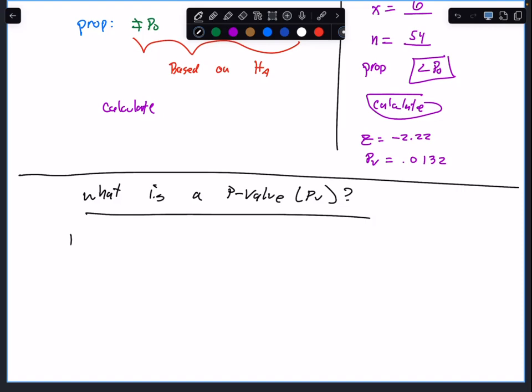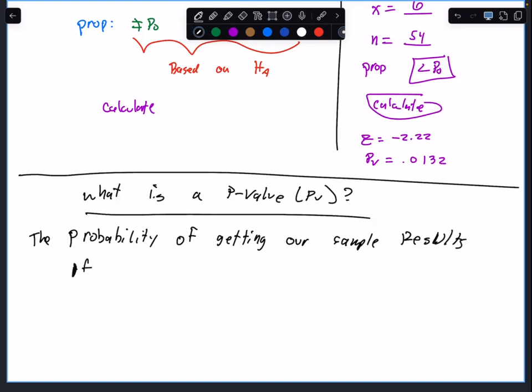The p-value is the probability of getting our sample results if p does equal p0. In other words, the null hypothesis is true.